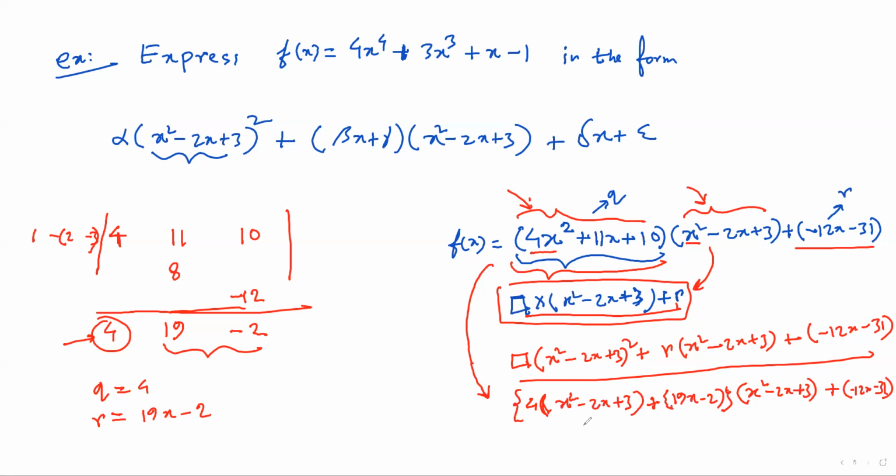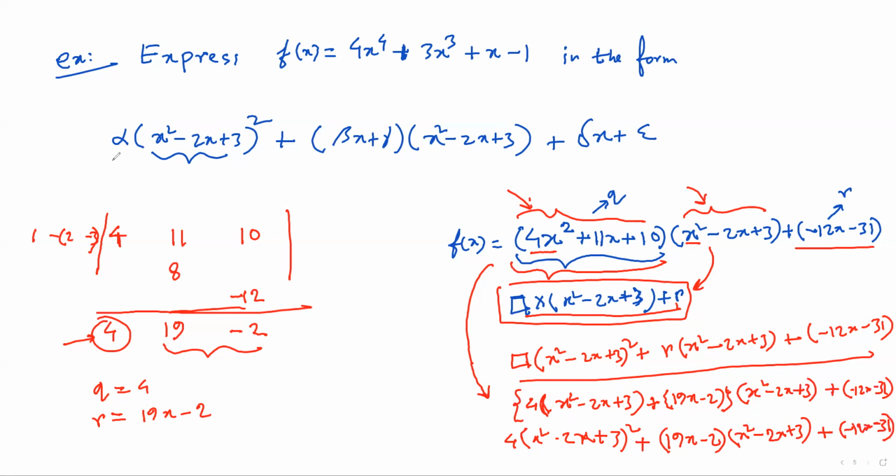So if you multiply these, you are going to get 4 times x square minus 2x plus 3 whole square plus 19x minus 2 times x square minus 2x plus 3 plus a remainder minus 12x minus 31.